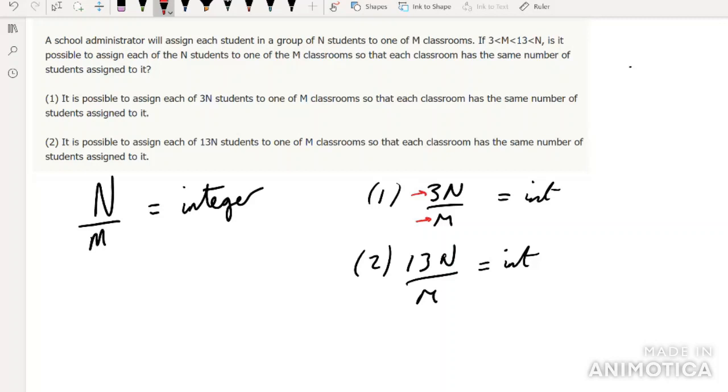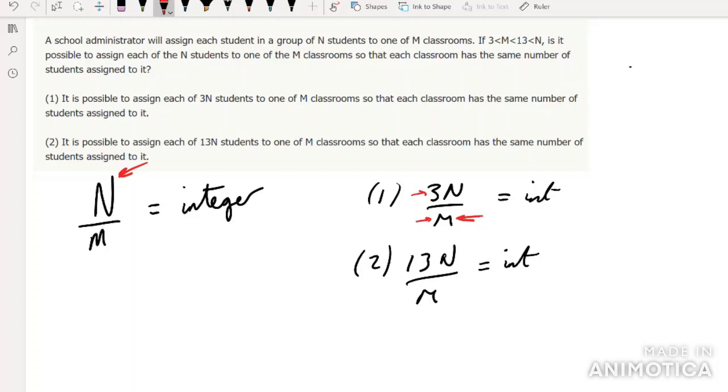Effectively, we need to cancel all the prime factors of m, so all the prime factors of m have to be inside n. And so if we have 3n over m, what we're worried about is that there's a 3 in m, which would not be available if we just have n over m.